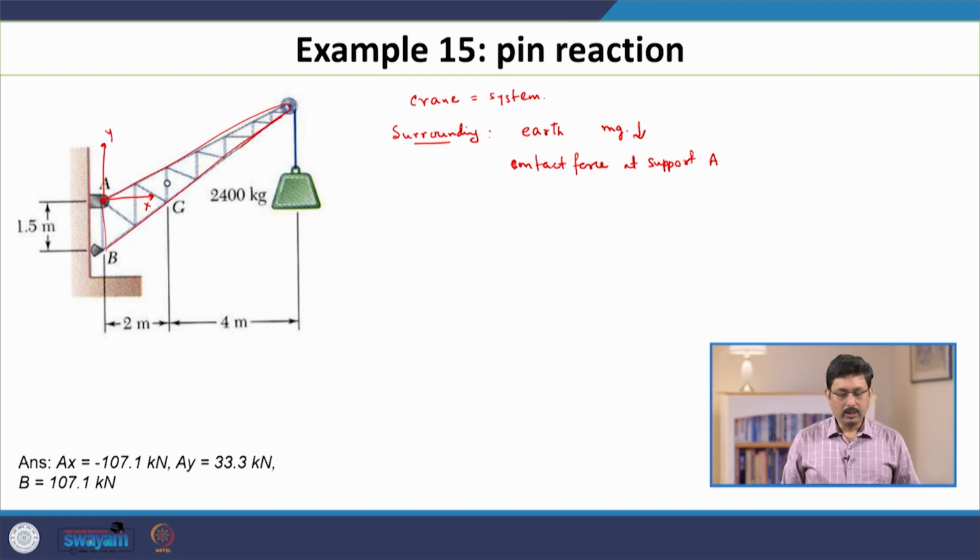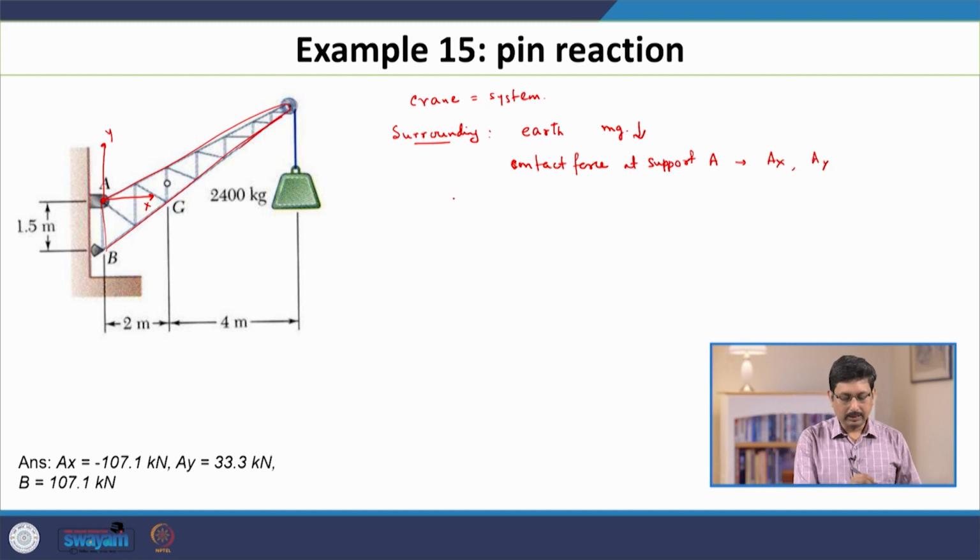Now, this contact force at A, because of the type of the joint, is fixed. In general we do not know the direction of the contact force, so it has two unknown components, Ax and Ay.